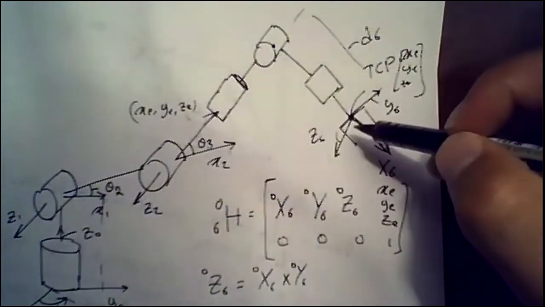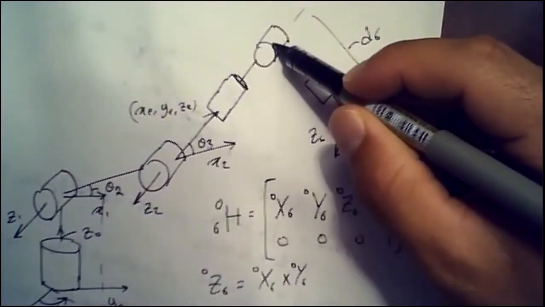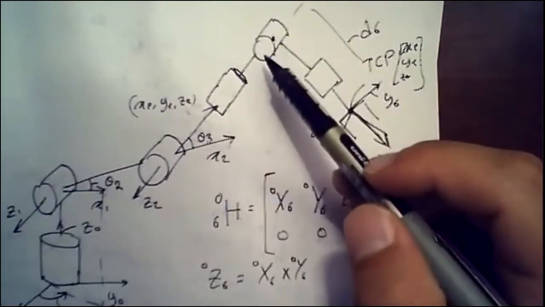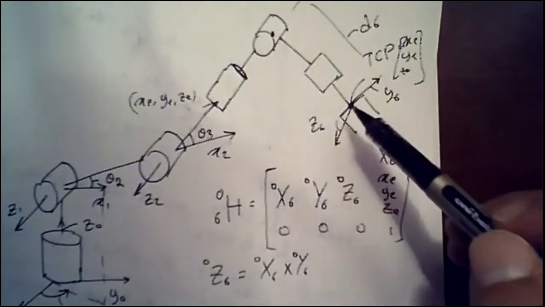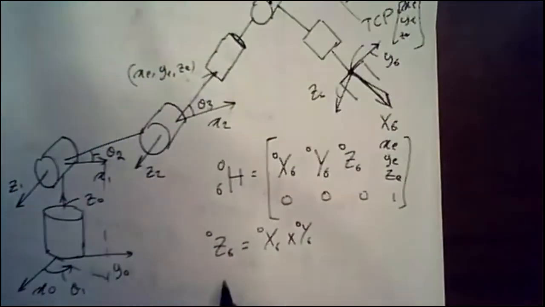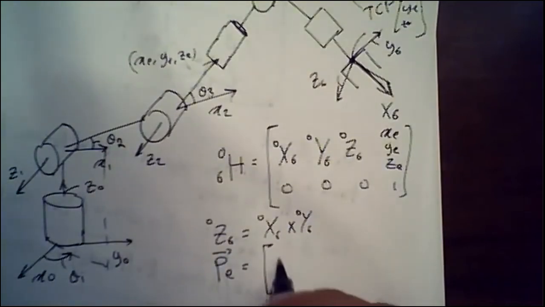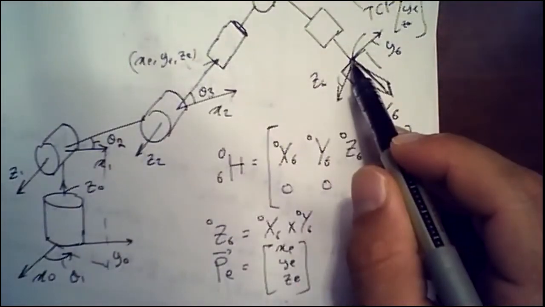How do you find that point? That point is this point minus this vector. You can always have this point simply based on this and the value here. How do you obtain that? This is nothing but vector geometry. If I have this vector here, this is my vector PE, let's call it that. PE is XE, YE, ZE, the vector from the origin to the end effector.